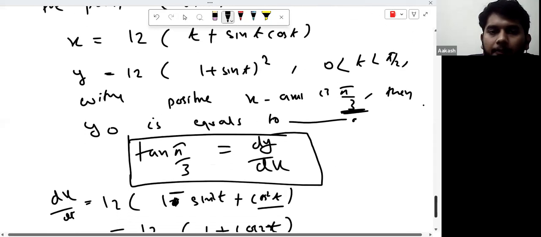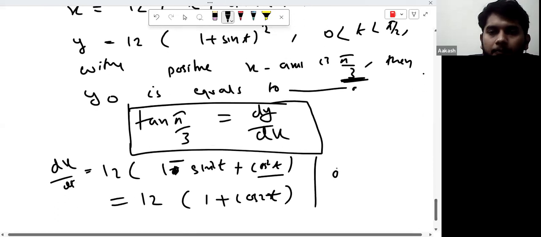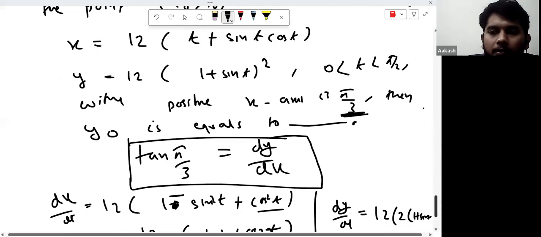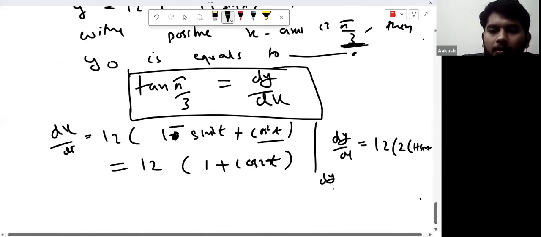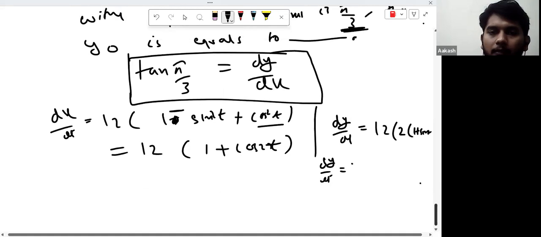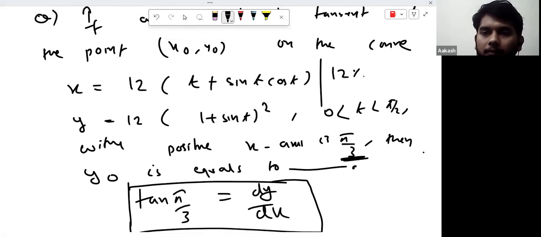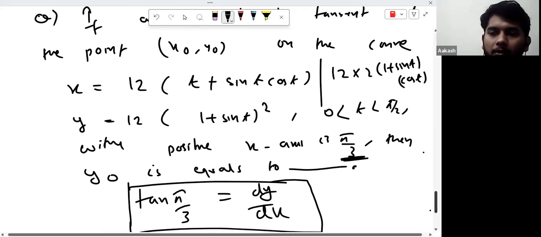Now dy by dt. My bad. 12 into 2 (1 plus sin t) into cos t, okay, so 24 cos t into (1 plus sin t).